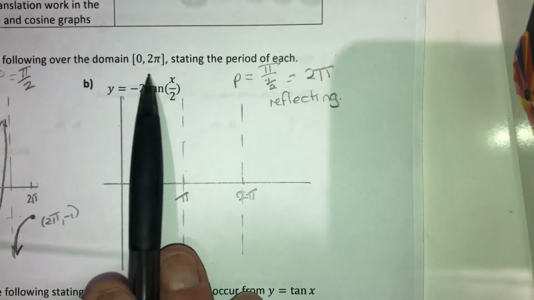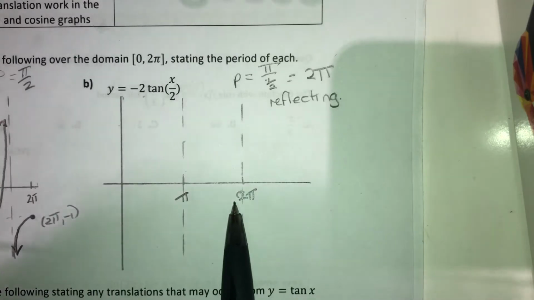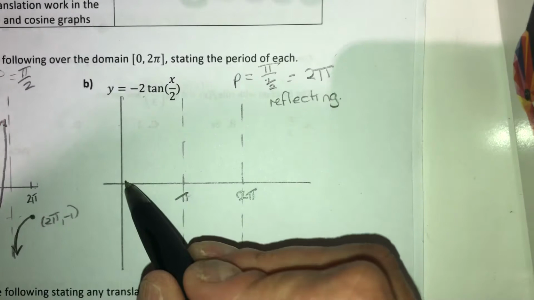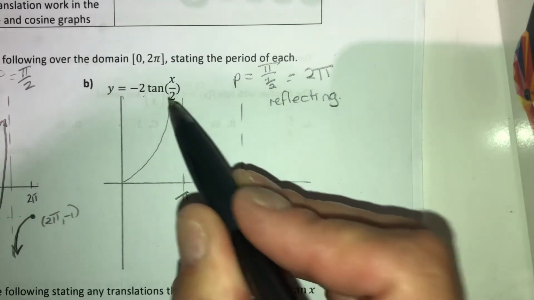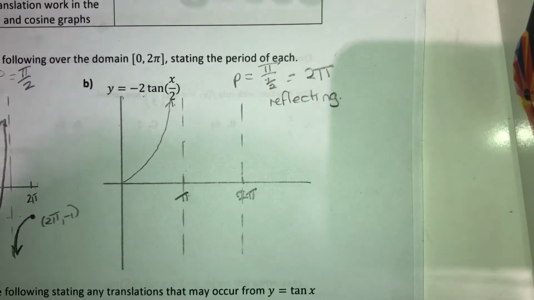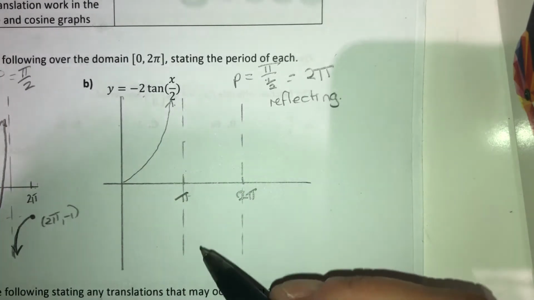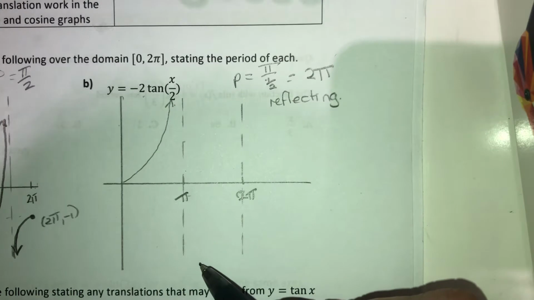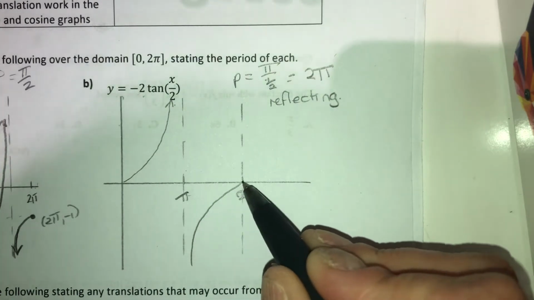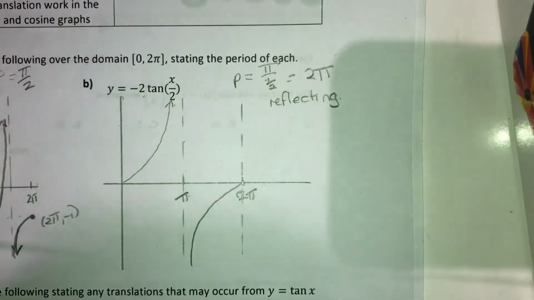So we are going from 0 to 2 pi. So we have 2 pi and pi. And our normal tan graph at this stage would go through here, and it would come down from here up to that point.